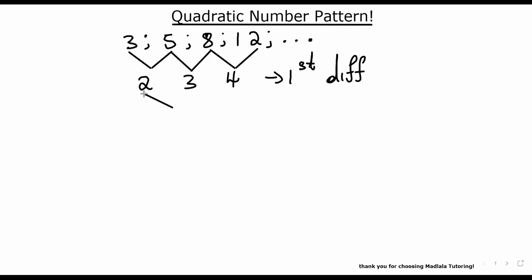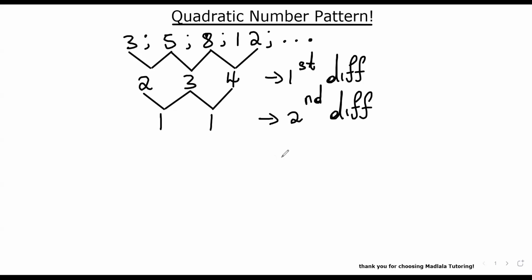But we are not done because we understand that a quadratic number pattern is characterized by a second constant difference. So when you say 3 minus 2, you get a 1. 4 minus 3, you also get a 1. And this is your second difference, which is constant, of course. So now, we know that this is the general term, or rather the standard form for a quadratic number pattern.